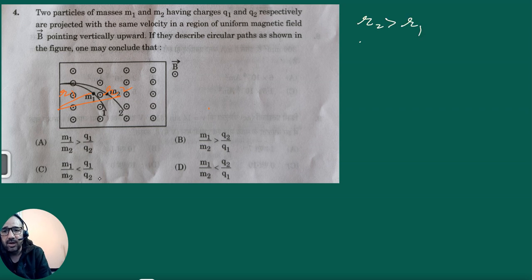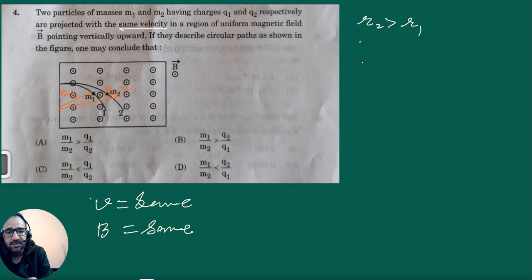Whenever a charged particle is projected in a uniform magnetic field, here they have given the same velocity. It means velocity is the same, and uniform magnetic field means the magnetic field is also the same. But the radius is different. What is the formula of radius? In circular motion, only centripetal force is responsible.